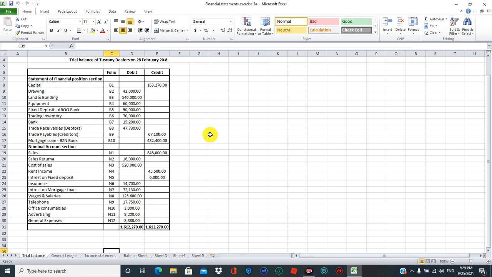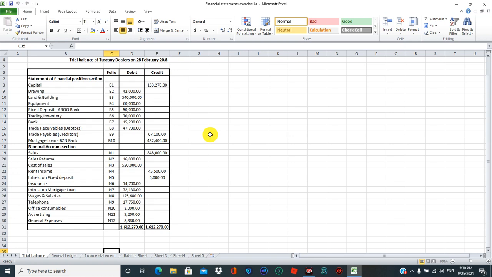And then step number 2, you close off the sales account against the trading account by debiting sales and crediting the trading account. Then you close off the cost of sales account against the trading account. And then 4, the gross profit can now be calculated by balancing the trading account.